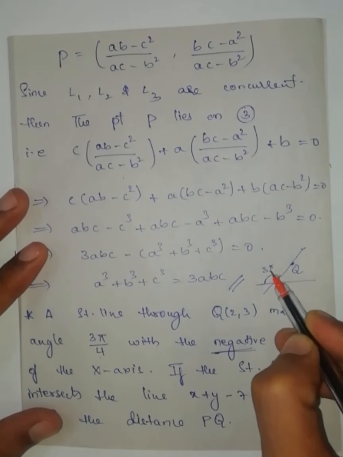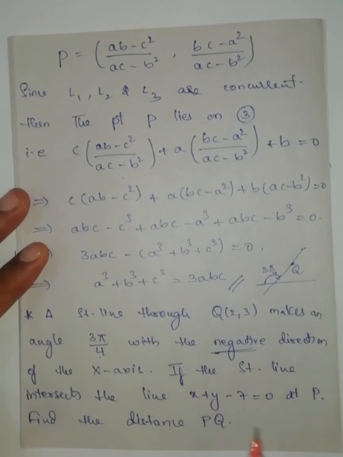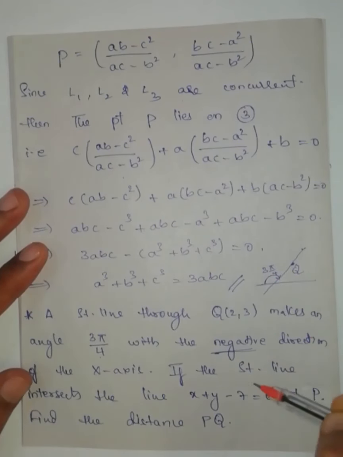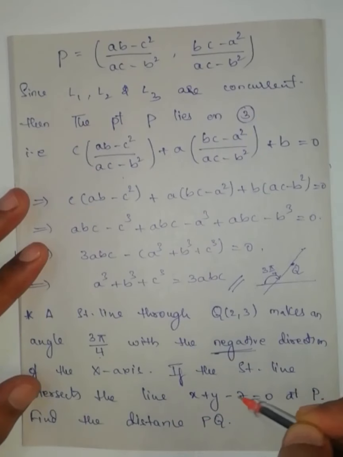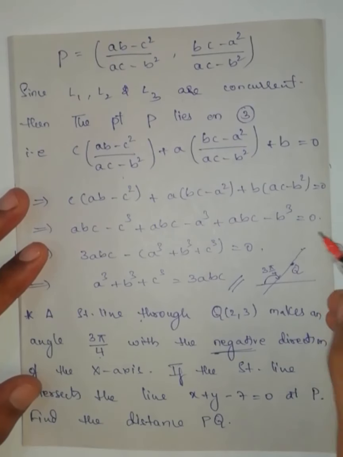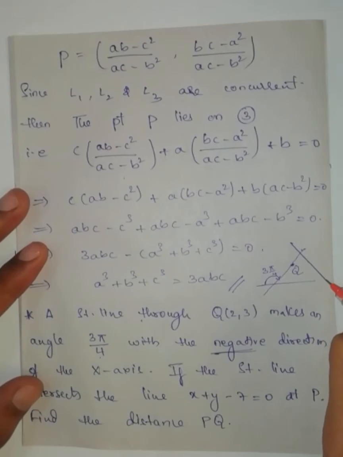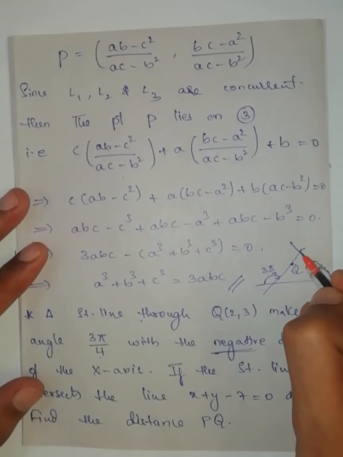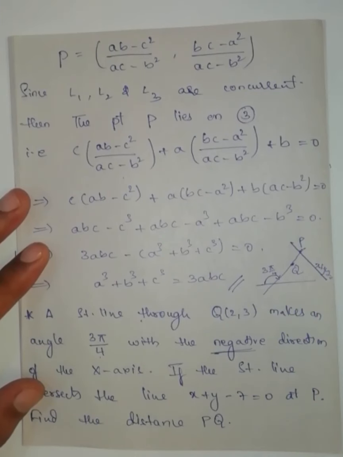This is 3 pi by 4. If this straight line is going to intersect another straight line, that is x plus y minus 7 is equal to 0 at the point P, then we have to find the distance between PQ.